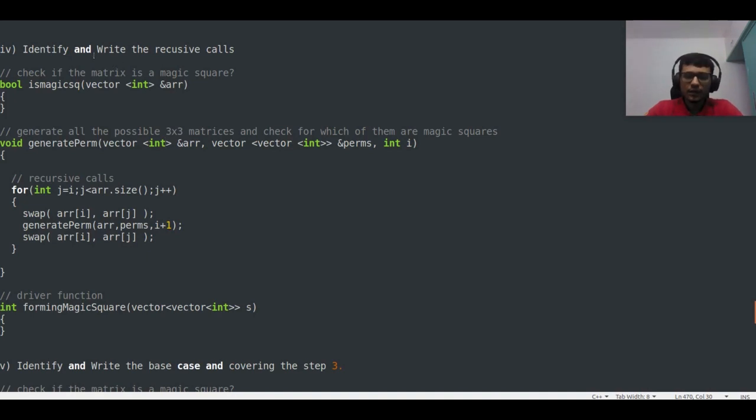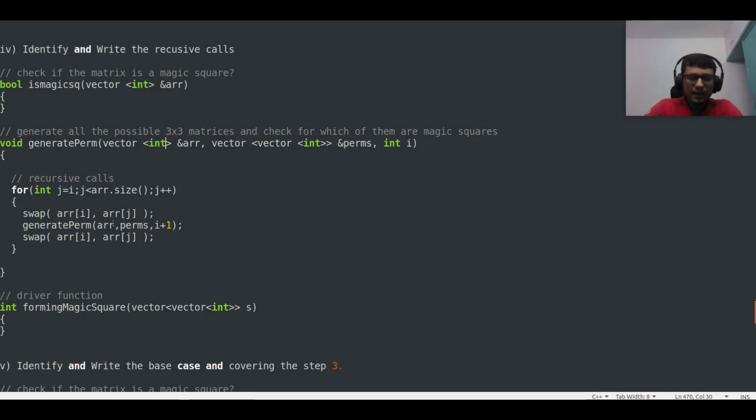Okay, so now let us look into how we can write the recursive calls. So all the recursive calls will be inside this function generate perm, since this is the function where we are generating all the permutations for the set of integers from 1 to 9. So here we have this for loop where the integer j goes from the index variable I to the size of the array, and inside that for loop what we are doing is we are swapping the integer at the index I with the integer at the index j.